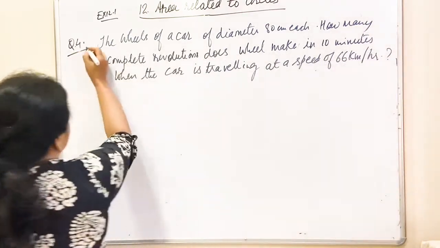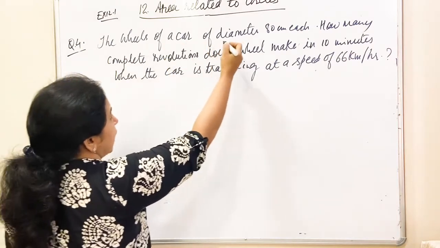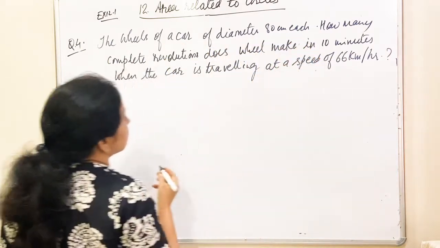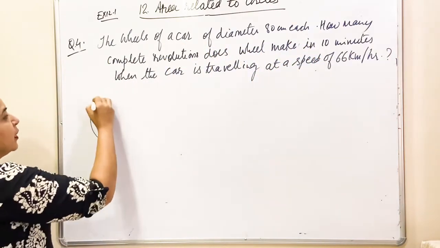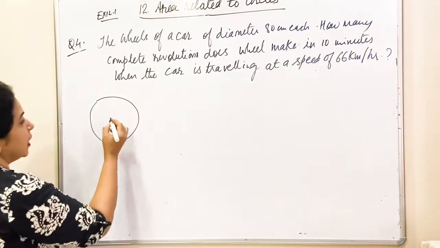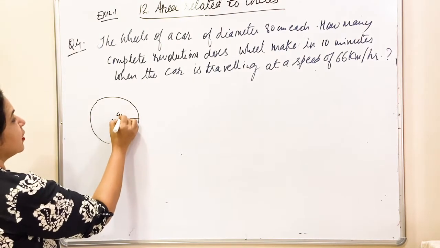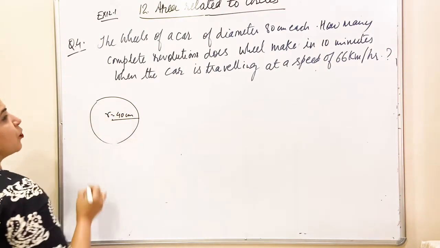So this is fourth question of exercise 12.1. The wheel of a car of diameter 80 centimeter, how many complete revolutions does the wheel make in 10 minutes? Here the diameter is 80 centimeter, that is the radius is 40 centimeter.